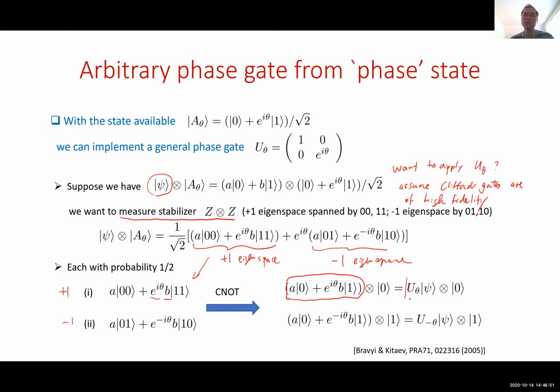This is the effect of applying the theta gate, with the ancilla returned to 0. If we have the minus case, the phase is the opposite, but we can still perform the CNOT to disentangle the ancilla, and we then apply the minus gate.